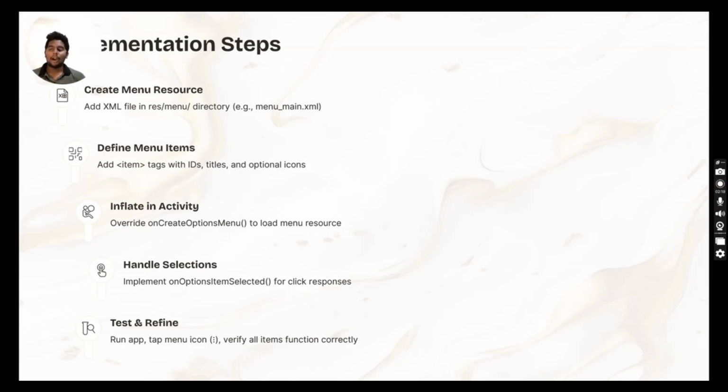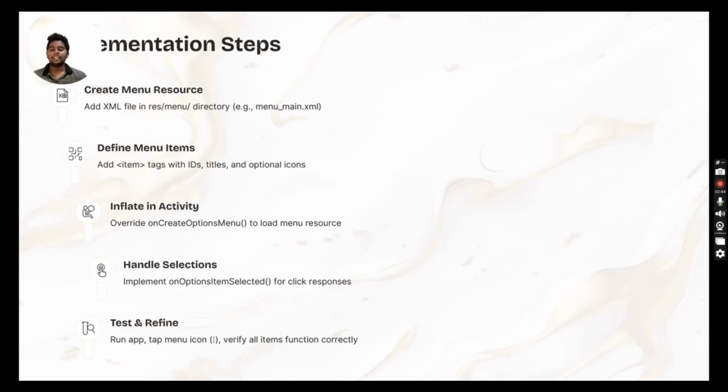So now, how to implement the options menu? First, we create a menu XML file, then add the items using tags like item with the braces. Next, inflate the menu in onCreateOptionsMenu, then handle item clicks in onOptionsItemSelected.